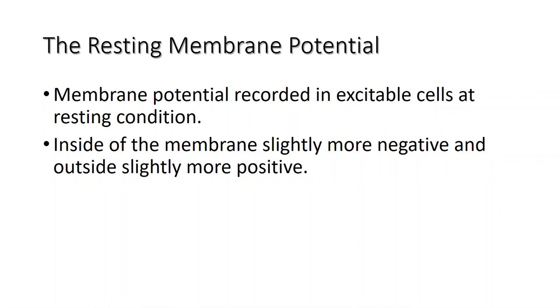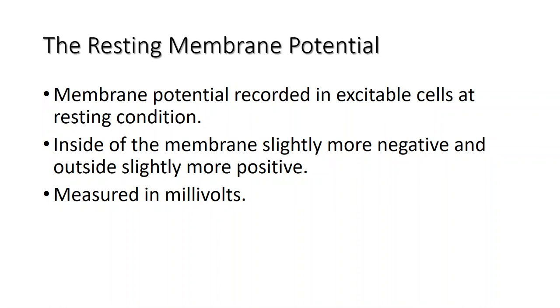Such a separation of positive and negative electrical charges is a form of potential energy which is measured in millivolts. The greater the difference in charge across the membrane, the larger the membrane potential.